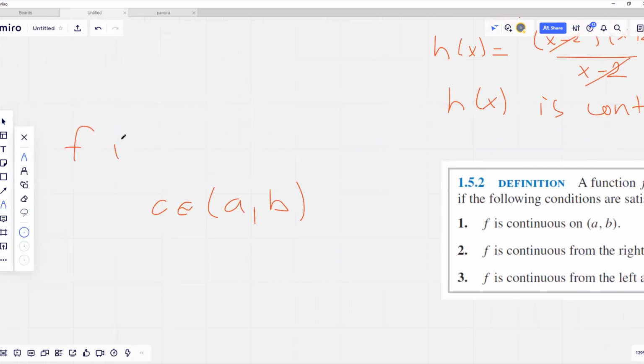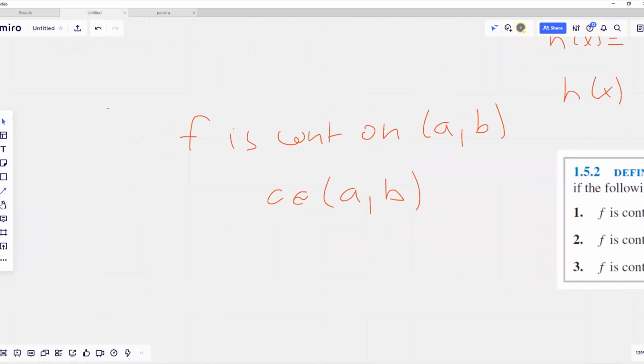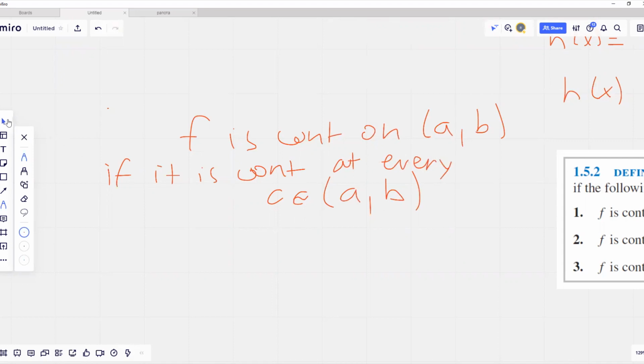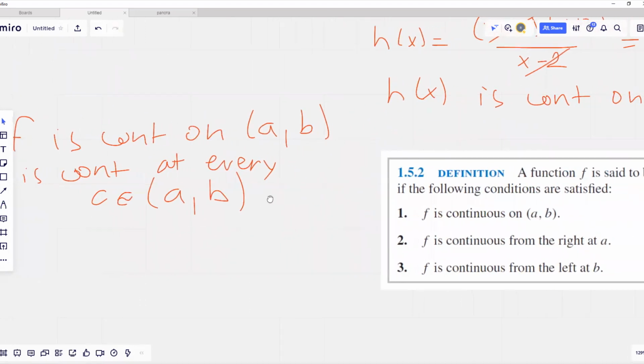So f is continuous on open interval from a to b if it is continuous at every c inside of this interval here.